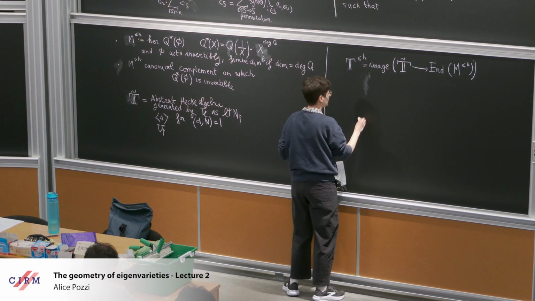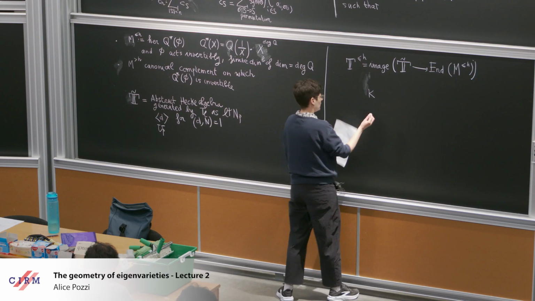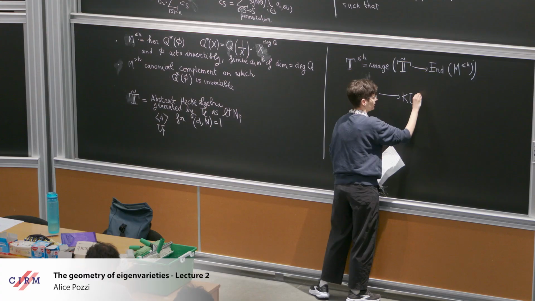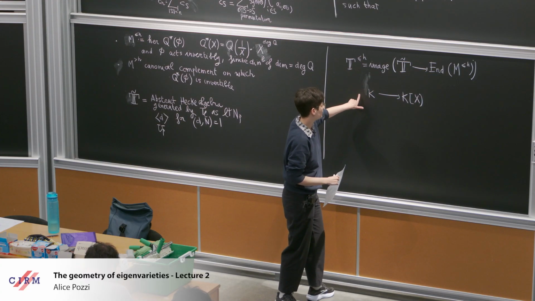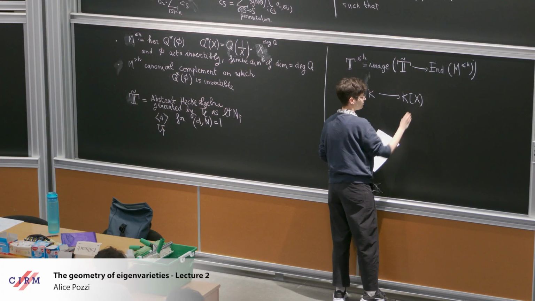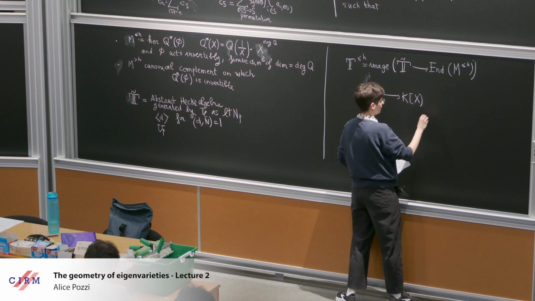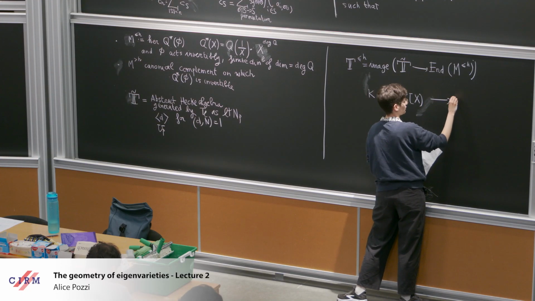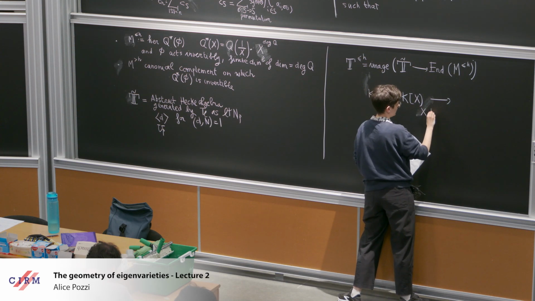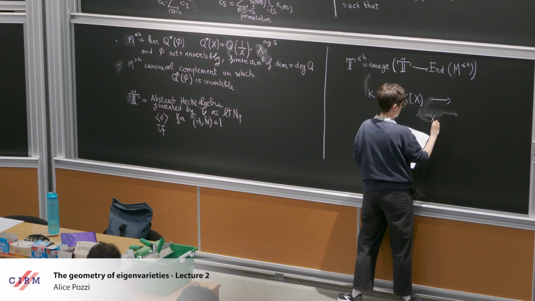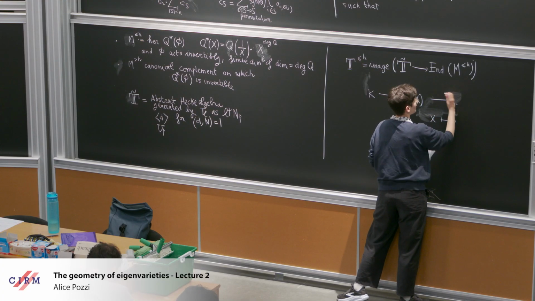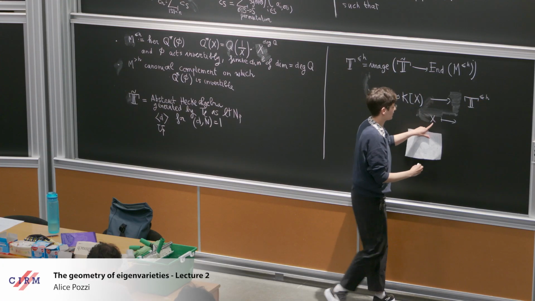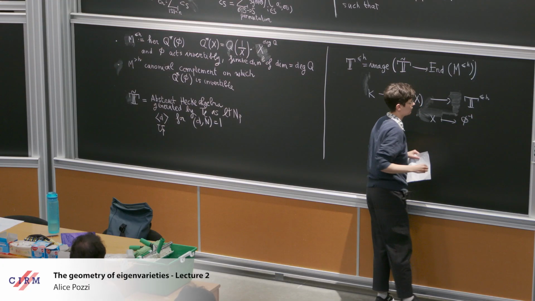So, I can think of what I've constructed as, okay, I can take my base field K, map it into the ring of polynomials in one variable, and I'm going to map this variable into, let's call t less than or equal to h, this guy, and I'm going to map x to phi inverse.